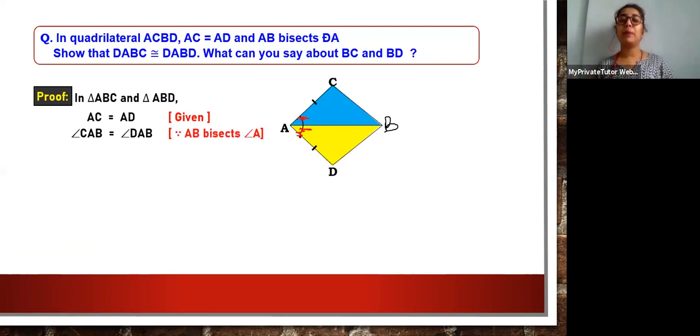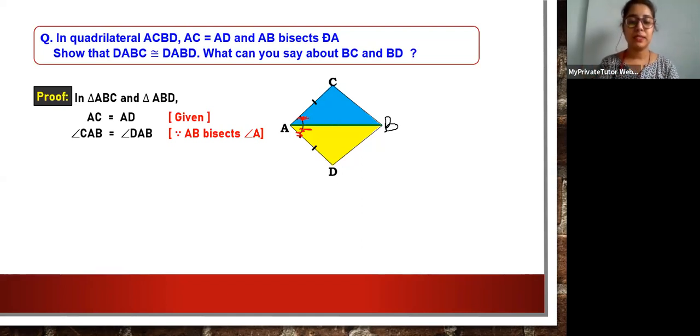Since AB bisects angle A, both of them are equal. If there is a line which bisects a given angle, it gets divided into exactly two equal halves. So angle A got divided by AB, so angle CAB is equal to angle DAB.